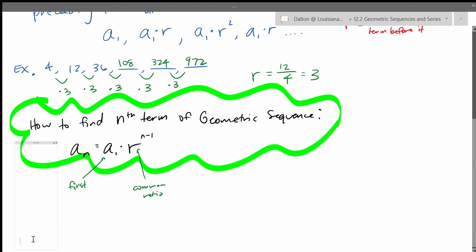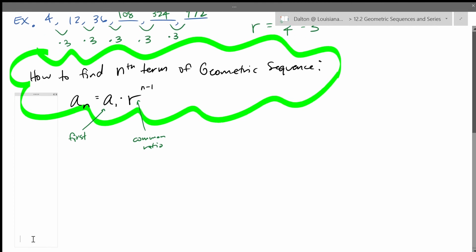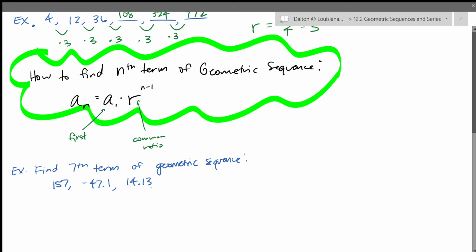So let's do an example. I want you to find the 7th term of the geometric sequence: 157, negative 47.1, 14.13, and then it continues.